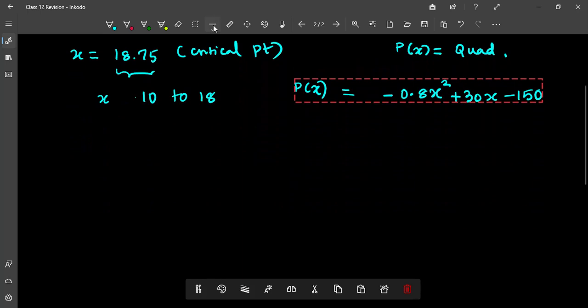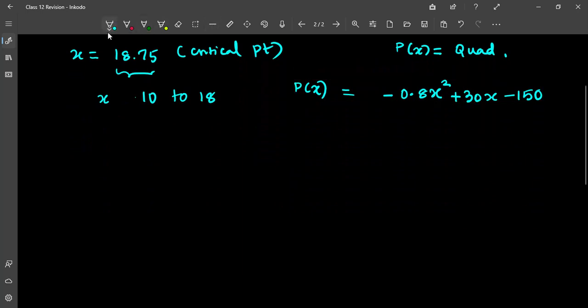So in this case, the parabola is going to be facing downwards, and at the peak point of the parabola, x would be equal to 18.75. So this is where the profit p of x is maximized.